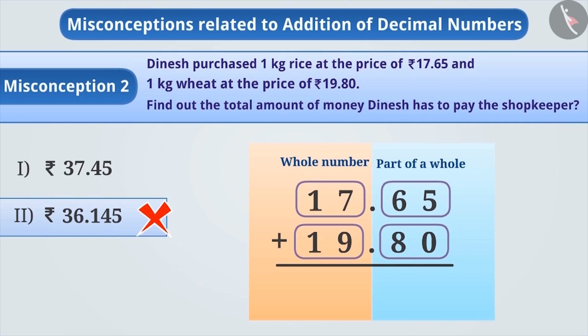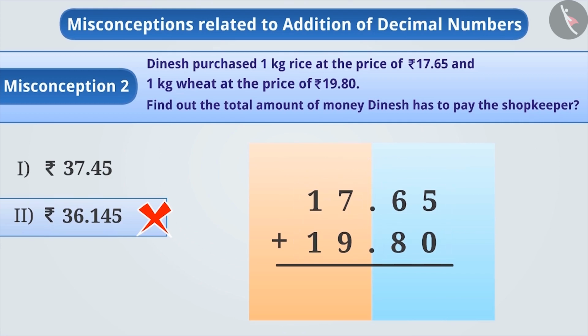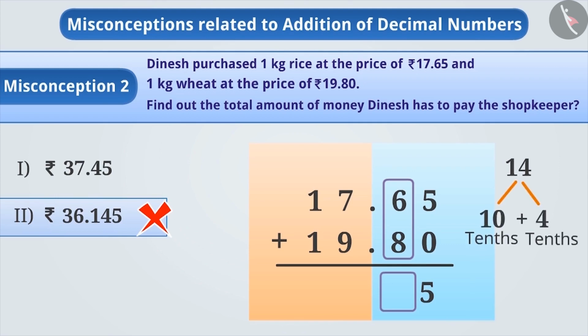When we add two decimal numbers, we start adding them from right to left. First, we must add 5 and 0, whose sum is 5. This is written below 5 and 0. Similarly, the sum of 6 and 8 is 14. Even though there are two digits, we have to write only one digit in the result. So, we can take out 10 tens from 14 and make one group.